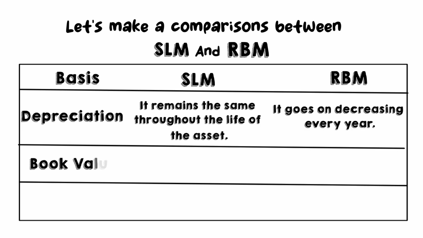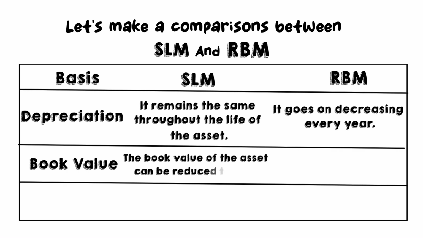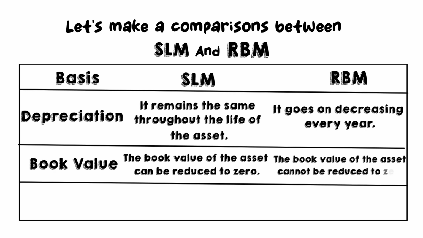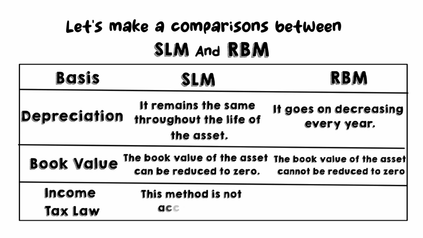Book value: the book value of the asset can be reduced to zero; the book value of the asset cannot be reduced to zero. Income tax law: this method is not acceptable; this method is acceptable.